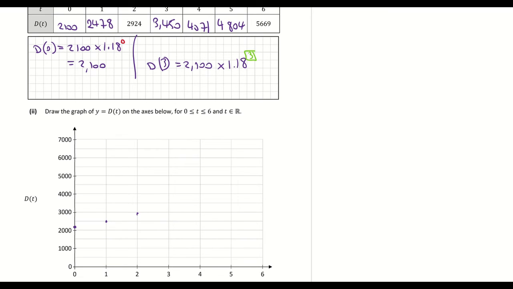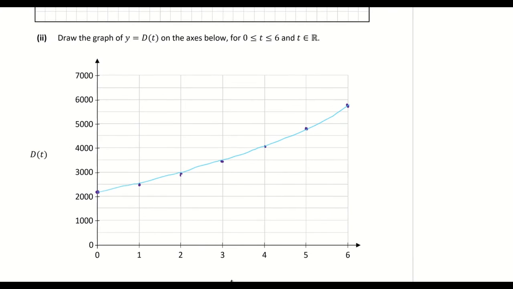Then I'm going, that's for 3, and so on and so on. And the final one, for day 6, or t being 6, it's 5,600, which is about here. Again, then you'll connect them with a freehand sketch. Now, mine's on the computer here, so it mightn't be too clear. Looks something like that. So that's your graph. Again, there'll be a little margin of error built into the marking schemes, but it should look something like that.